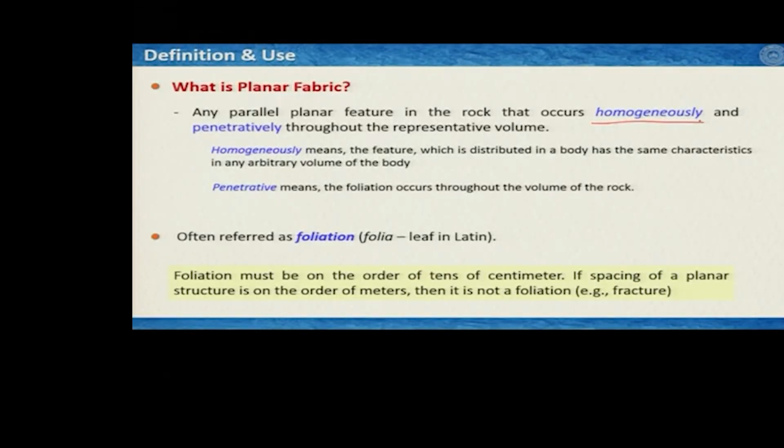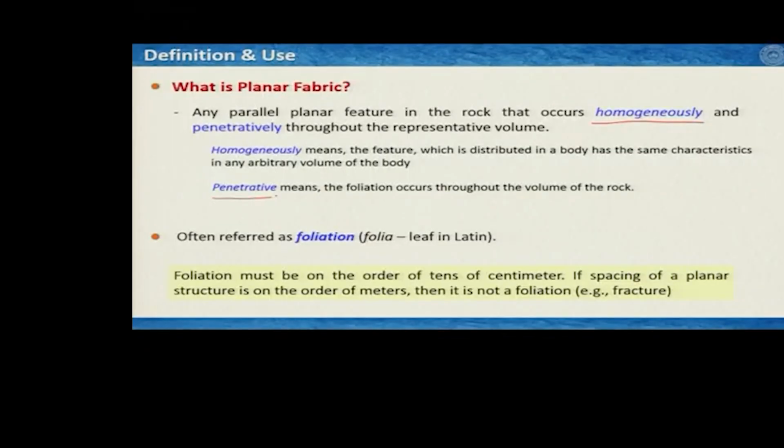To specify these 2 terms in particular, homogeneously means the feature which is distributed in a body has the same characteristics in any arbitrary volume of the body, and penetrative means the foliation occurs throughout the volume of the rock. So, if I have a planar fabric in the rock, except the plane it is occurring in, if I cut at any direction of this volume of the rock, I should see the presence of the fabric.